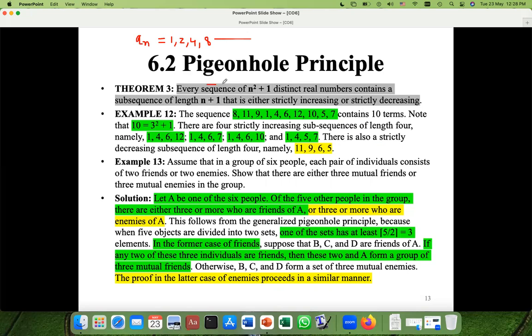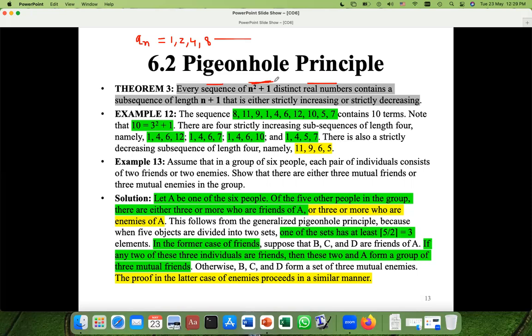So every sequence of n square plus 1 distinct real numbers. Every sequence of real numbers which are distinct, meaning different, n square plus 1. According to that statement, this sequence will have this number of real numbers in it.